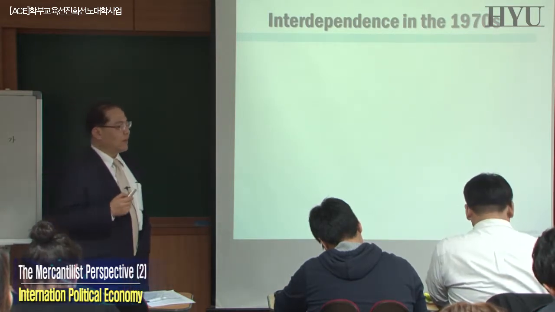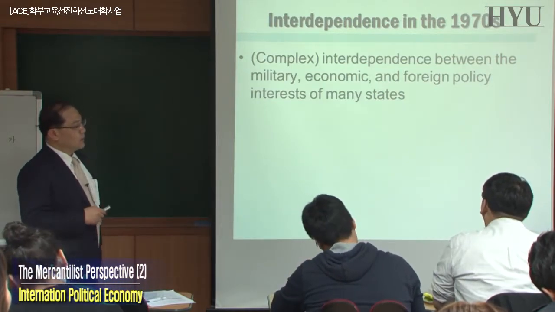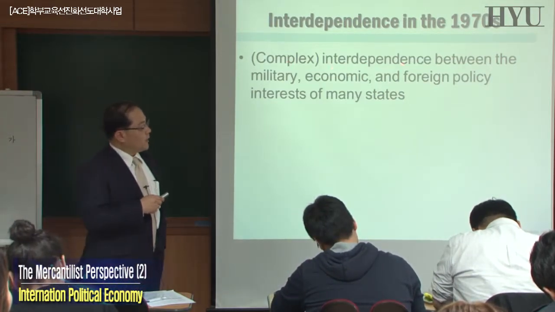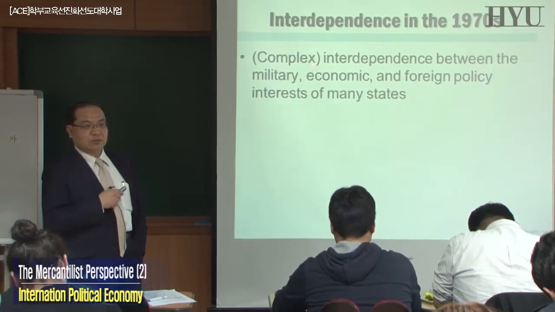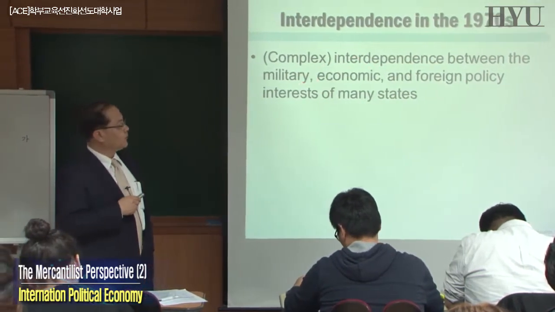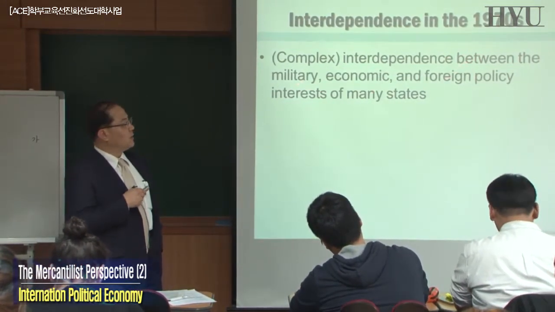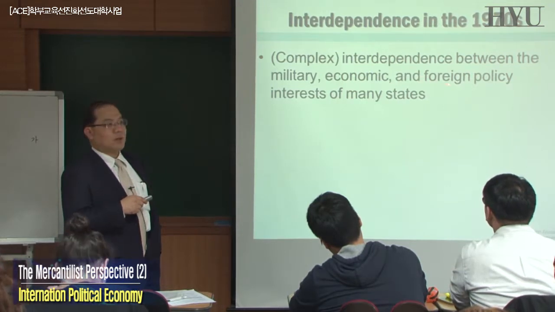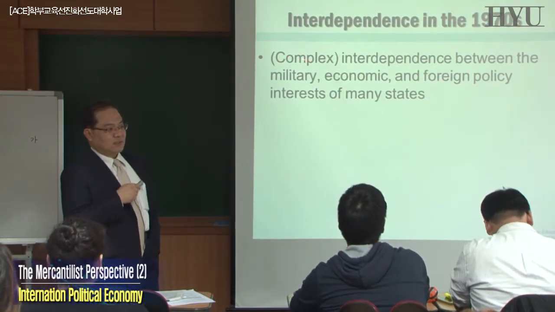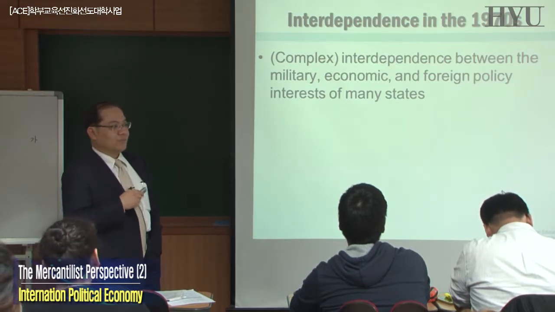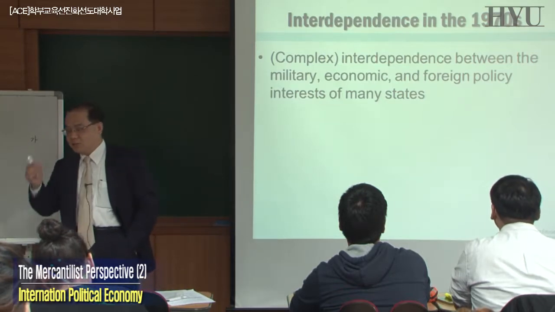Let's define interdependence in the 70s a little bit. Like I said, interdependence, or complex interdependence, according to Nye and Keohane, is mainly about the issue linkage between military, economic, and foreign policy. Right? This is the meaning of complex interdependence, according to Keohane and Joseph Nye.